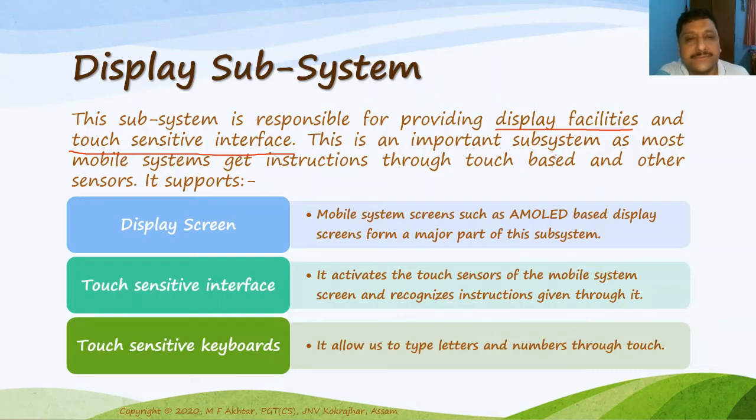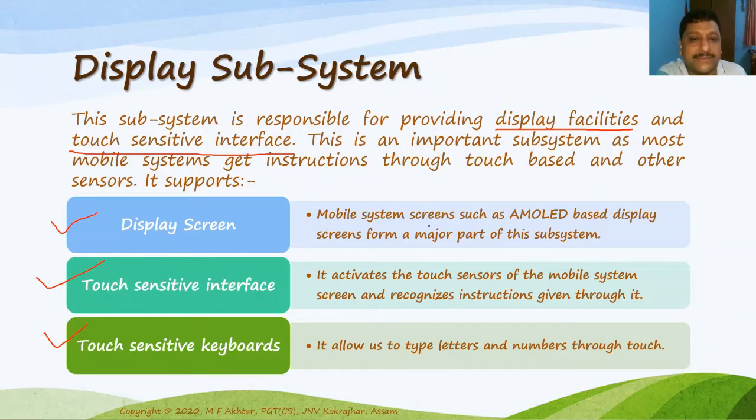Touch sensitive interface means we can touch directly on the display subsystem and do our work, give instructions, open applications, or type some information using the integrated keyboard there. This is an important subsystem, as most mobile systems get instructions through touch based and other sensors. It supports display, touch sensitive interface, and touch sensitive keyboard. Three things it is having.